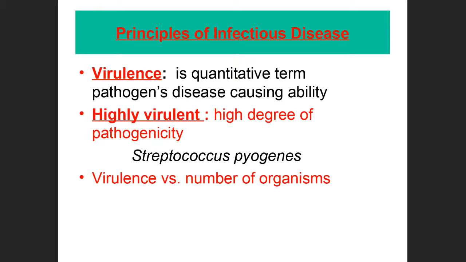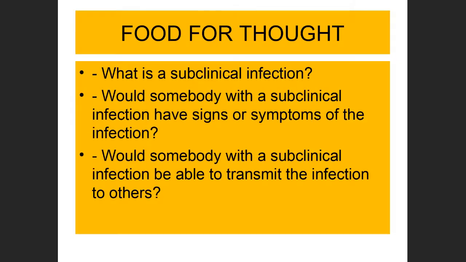So the key to establishing an infection is not only the degree of virulence, but also the numbers. If you are infected with a few organisms and those few organisms are extremely virulent, then there's definitely something to worry about. If you're infected with a few organisms, but they're not very virulent, then chances are there's nothing to worry about. So it is a play of not only virulence, but numbers.